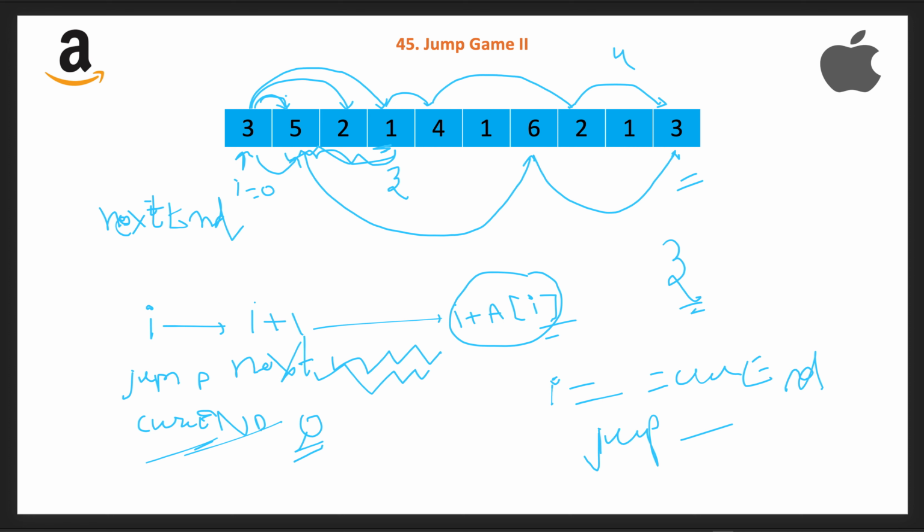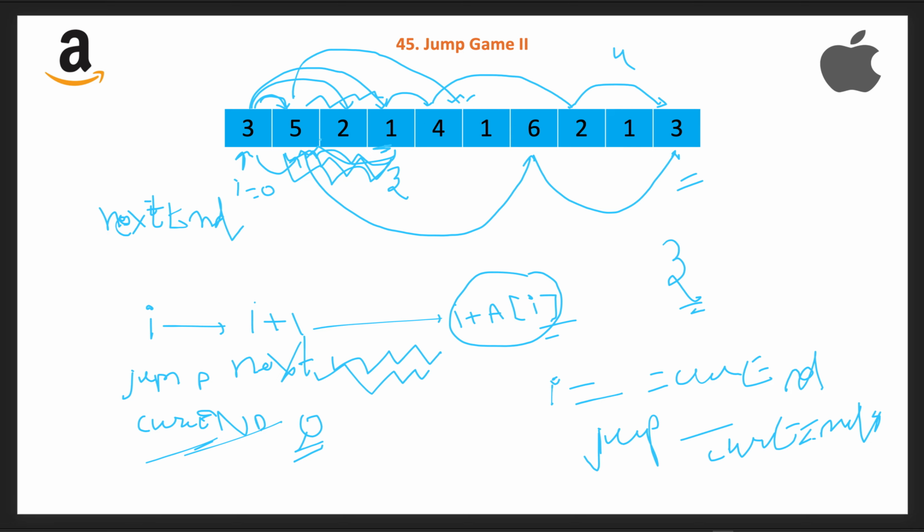If I am here, I have already tried everything, which means we have to take one jump from 3 into this range. So we update the jump, and then update the current end with the next end. At every step we update our next end by the maximum of the current index plus A of I. So this one will be the next end. This is the idea.